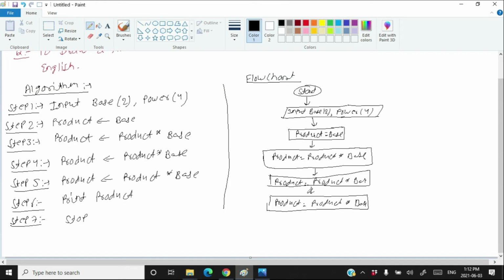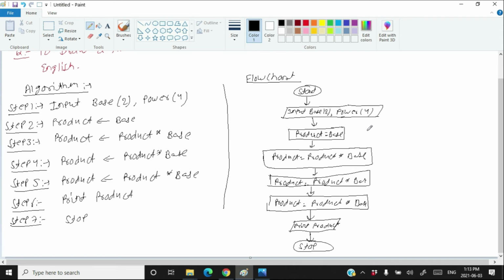Then you write print product. This is the output, so it should be the skewed rectangle. Then stop. Got it? The first rectangle is skewed because this is the input. The last rectangle is skewed because this is the output. You have assigned base to the product, then you are calculating product multiplied by base, storing that into the product 3 times.